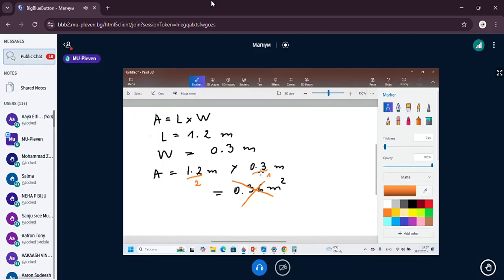Which is the least, having the smallest number of significant digits? This one, which means that the product must have just 1 significant digit. How to write it as 1 significant digit? As 0.4 meter squared, or 4 times 10 to the power minus 1 meter squared in scientific notation.